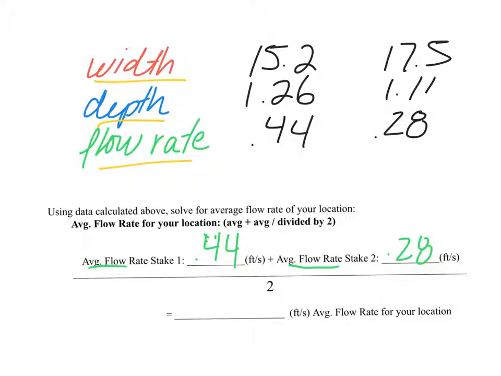And here I'm simply doing an average, so notice I'm adding them together and dividing by 2. So 0.44 plus 0.28, and dividing that by 2, I got 0.36. And I want that to be rounded to the nearest hundredth, which it already is, so I'm good to go there.